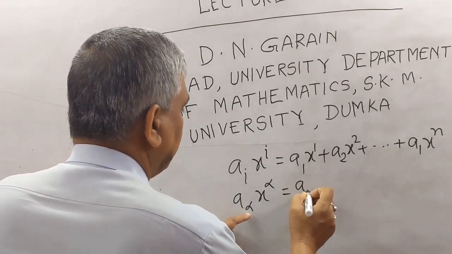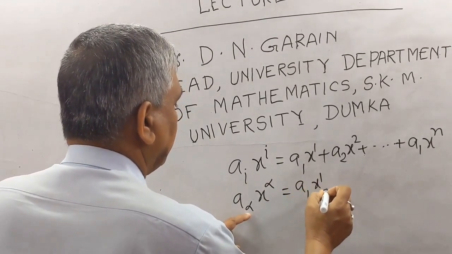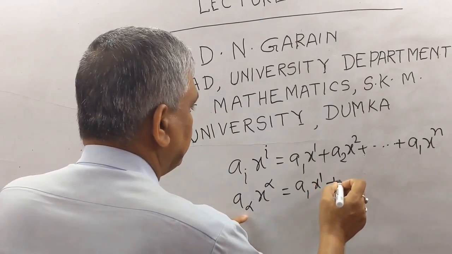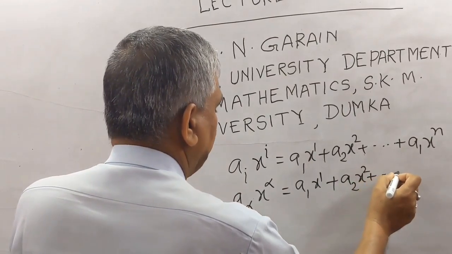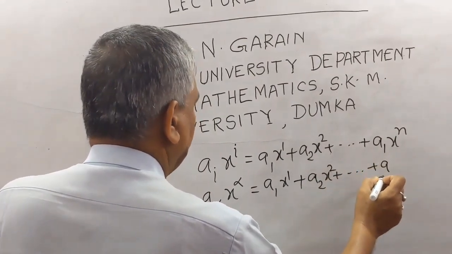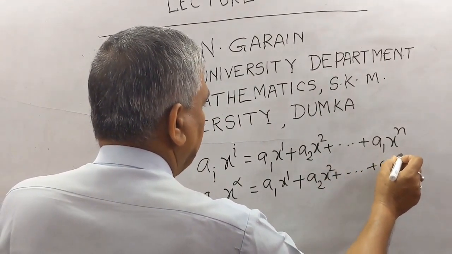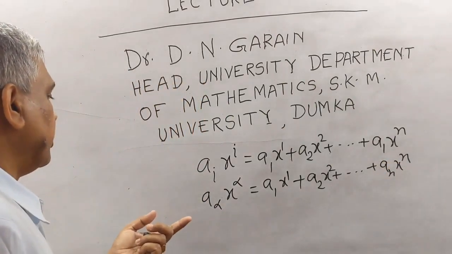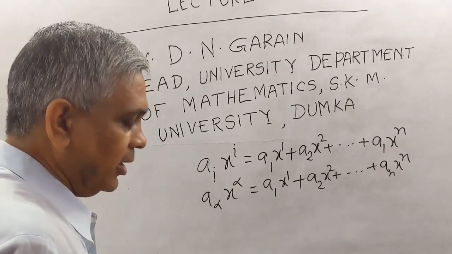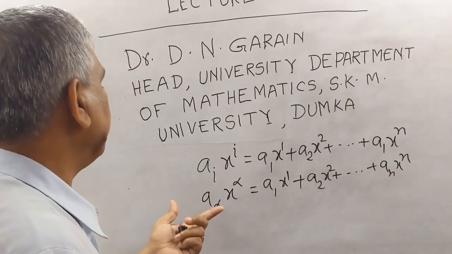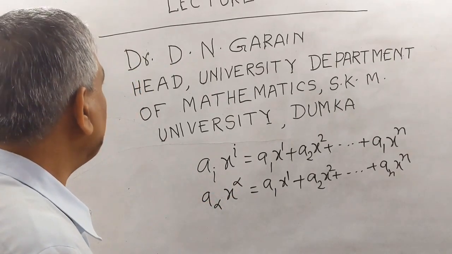Alpha equal to 1 gives A1 x1, alpha equal to 2 gives A2 x2, plus, up to alpha equal to n gives An xn. So in place of i, we may write alpha or any index that will be treated as a dummy suffix.